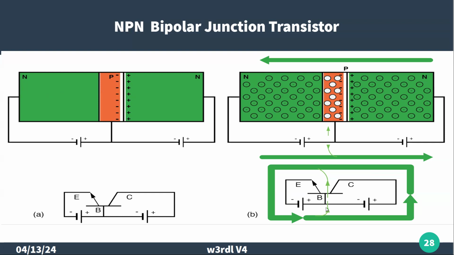And that current between the base and emitter will cause a much larger current flow from collector to emitter once you get over that threshold, just like in the diode. If this is a silicon transistor, it's going to require 0.7 volts or higher potential difference to conduct current from base to emitter, and therefore conduct current from collector to emitter.